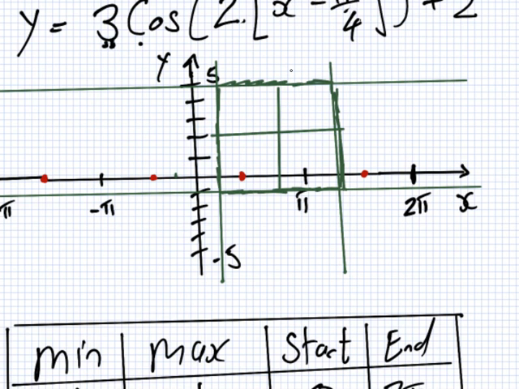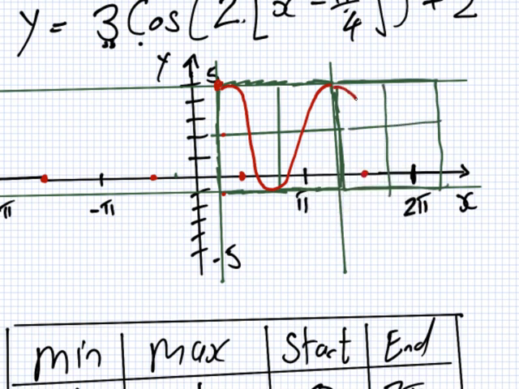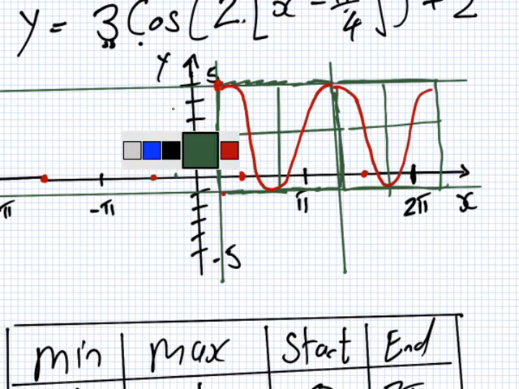Finally, the last step is I can draw the graph now. Because this is cos, do I start at the top, or the middle, or the bottom? Top. So the graph goes like this. And then what you do is you copy this. So it repeats, and then here we copy it as well.